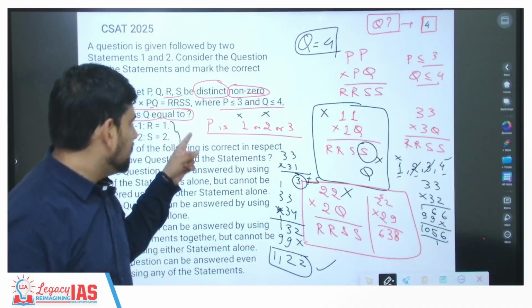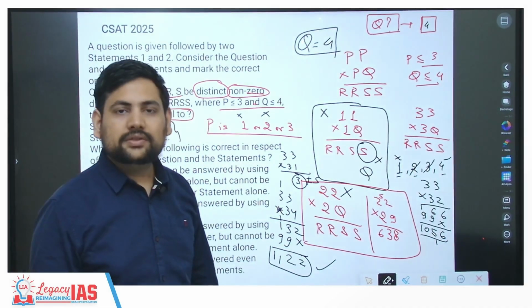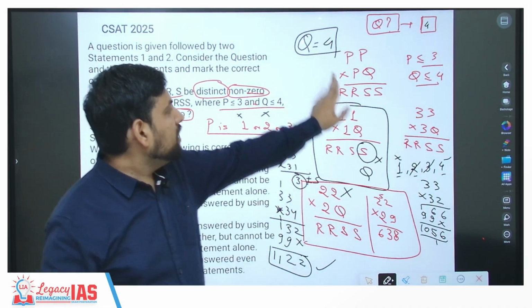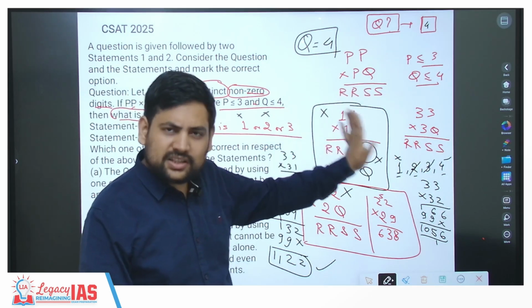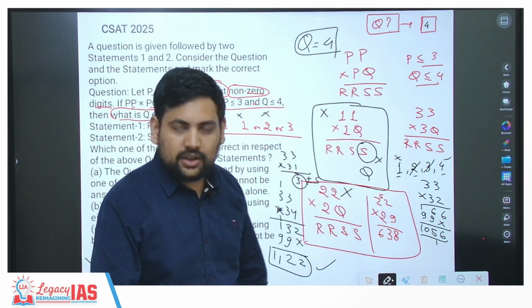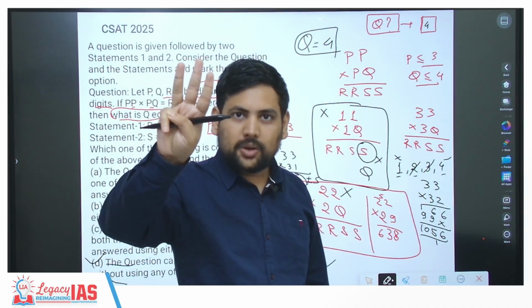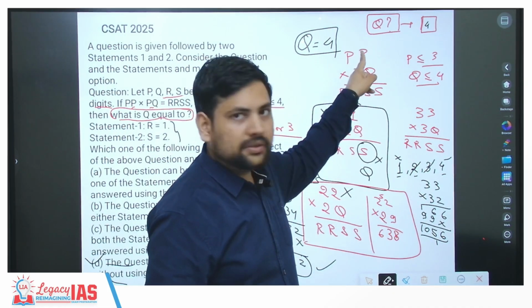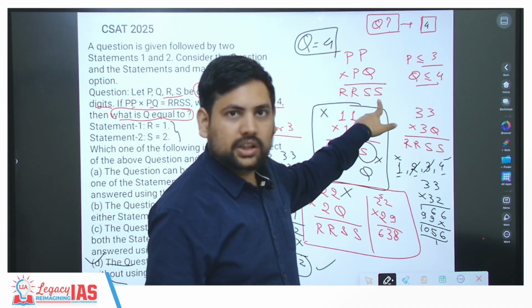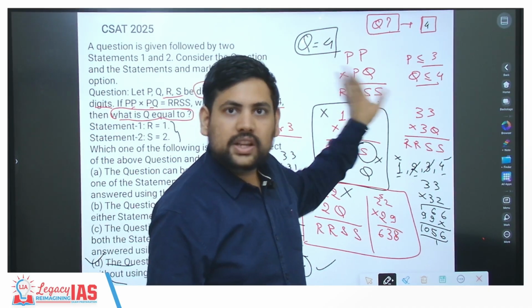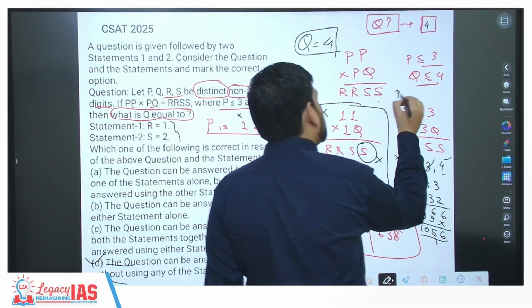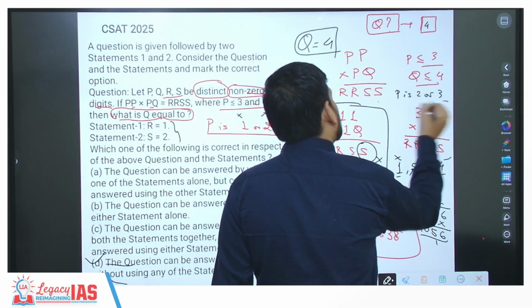So basically, the first thing that I saw when I was solving it was pp into pq equals, just listen carefully, double r double s. So the first thing that comes to my mind is p is 1, 2 or 3, three options. Now if it were 1, then I should get q here, correct? So 1 is eliminated. Now p is 2 or 3.